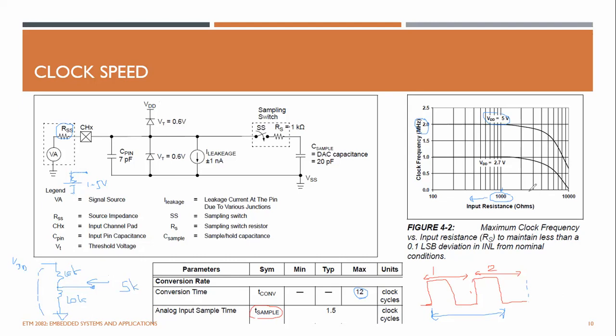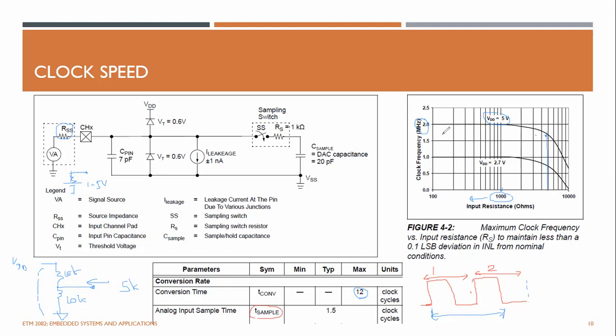So somewhere here, 2, 3. This is on a log scale, right? This is 100 ohms and 200. Likewise, this is 1000, 2000, 3000, 4000, and 5000. So we have to go to 5000.